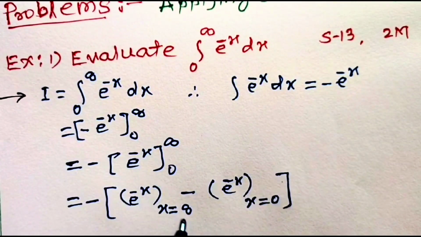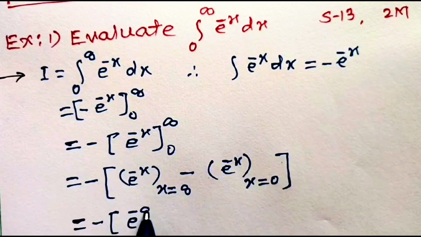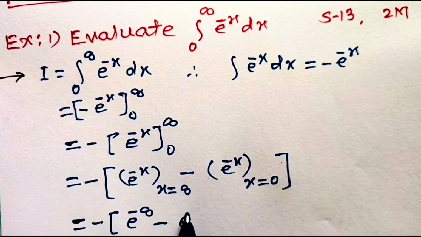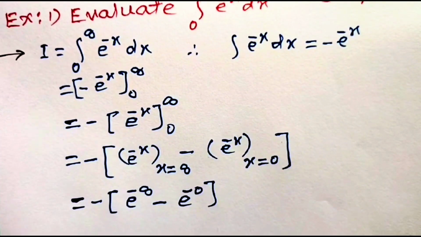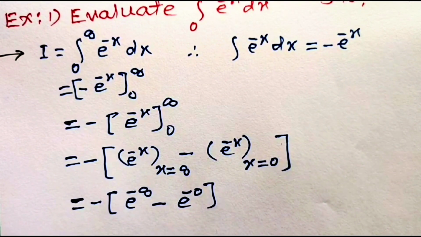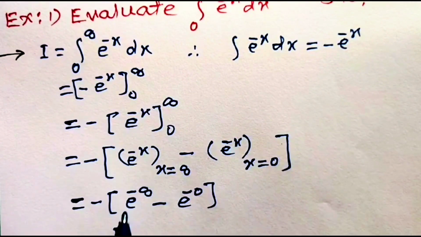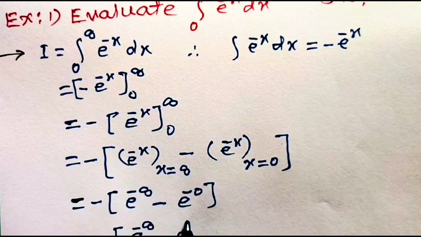Now substitute x equal to infinity first: minus of e to the power minus infinity minus e to the power minus 0. This can be written as minus of 1 upon e to the power infinity, or keep this as it is, e to the power minus infinity minus e to the power 0.